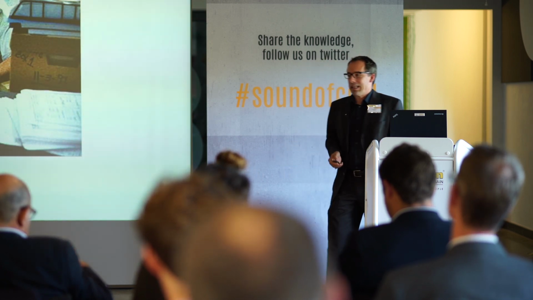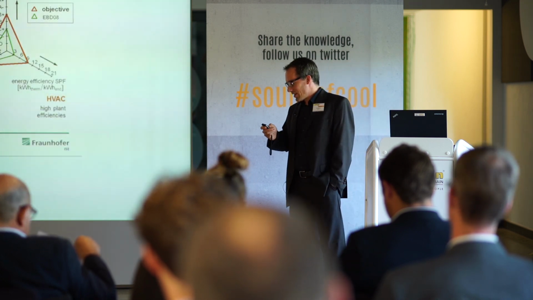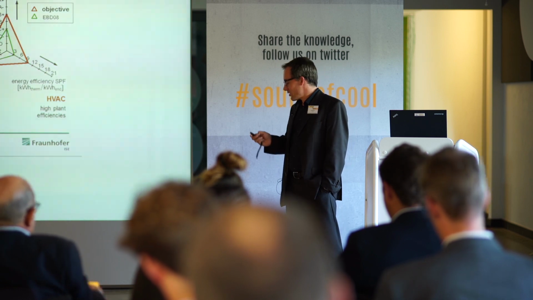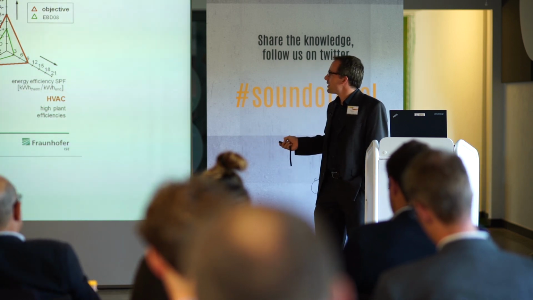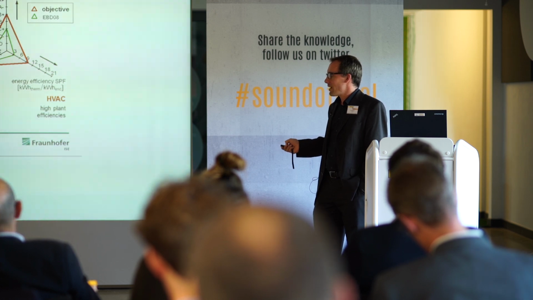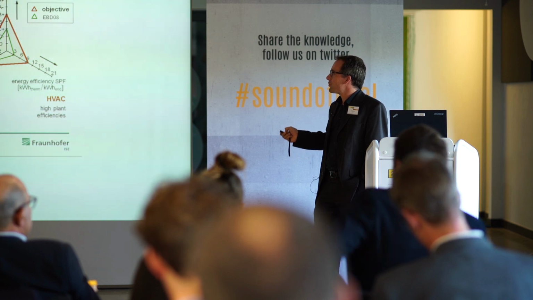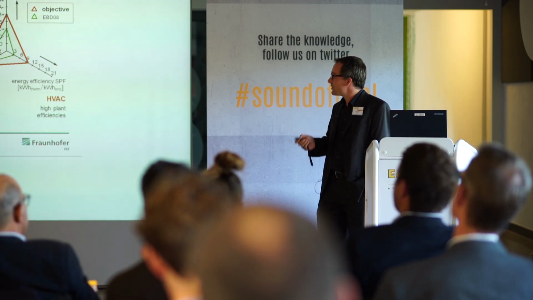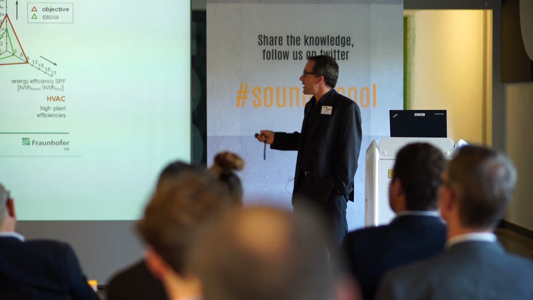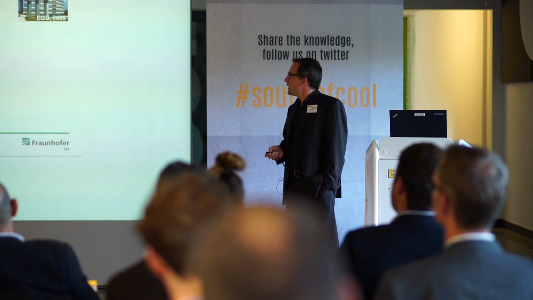About thermal comfort, a lot has been said already, so I can cut that short. As I said in the beginning, I've talked a lot about energy demand for heating and cooling and efficiency, but of course we have to look at the occupant and the thermal comfort as well. So maximizing this triangle is the way we have to go.